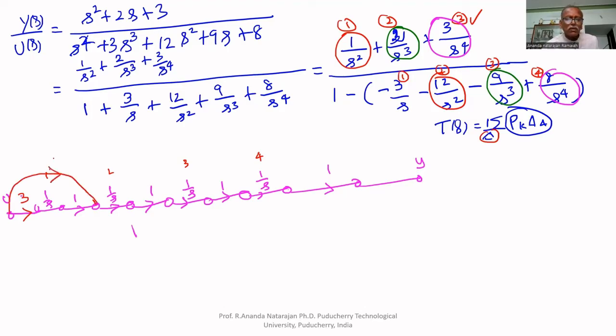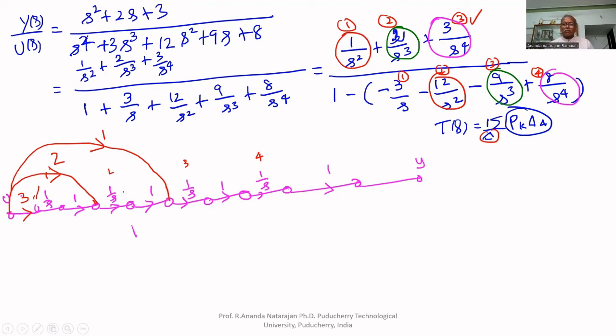Third one is 2 integrators, so here it will come. You can give 1 by s square. This forward path is 1 by s square, 2 by s cube, 3 by s power 4. All forward paths are over.